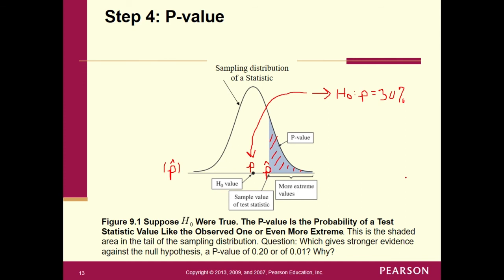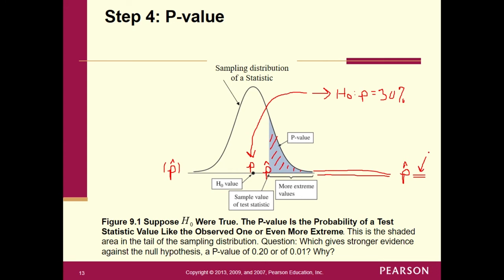But if we had a sample proportion way out here, 7.5 standard errors away, what you're going to find out is that in this situation, the sampling distribution actually extends way out to here. In this situation, our p-value would be this small little area right there.